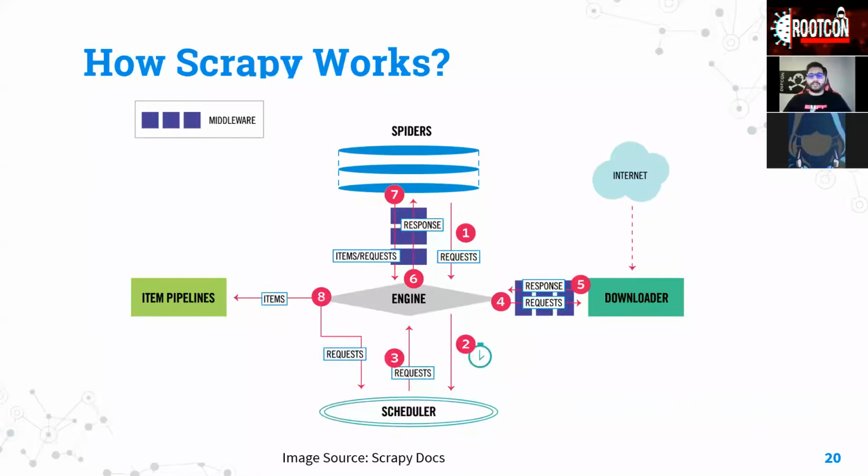The item pipeline is the part where you have your database, or you can dump it into JSON or any other format, or use any database to store the data. This is the whole process of how Scrapy works, and why it's really useful in this case.